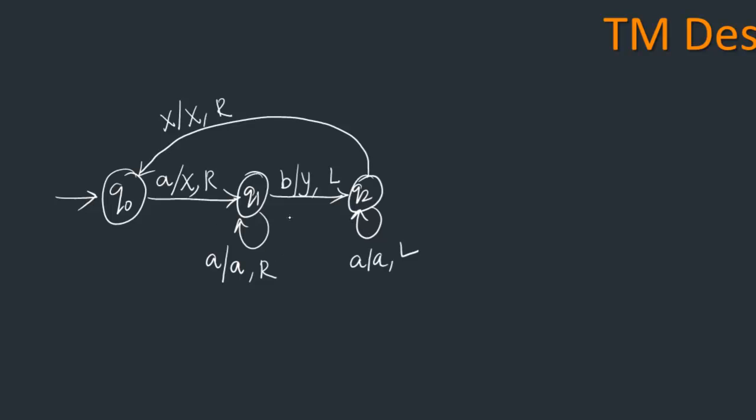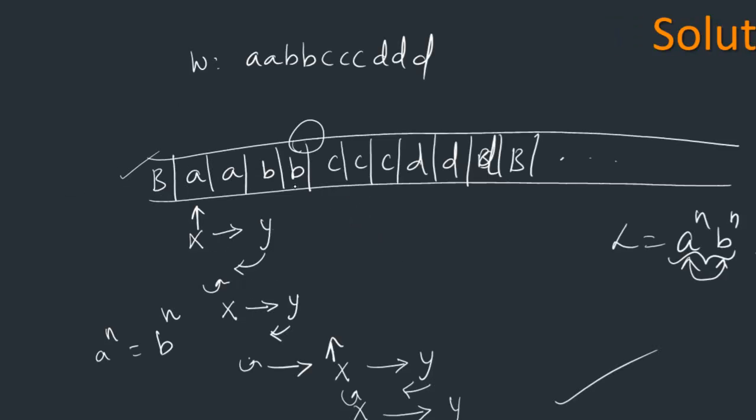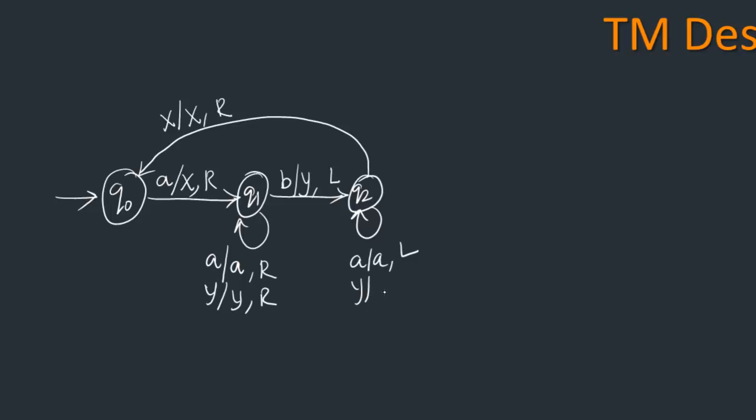Now this time, when you move, it's not only A's that will be there on your input. You will have Y's also on your input, because B would already have been converted to Y. After converting your B to Y, while moving towards the left, you can see the previously converted Y's, and hence there will be Y's also in your input stream.